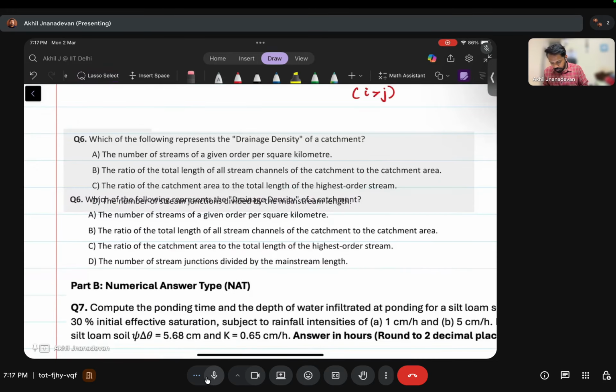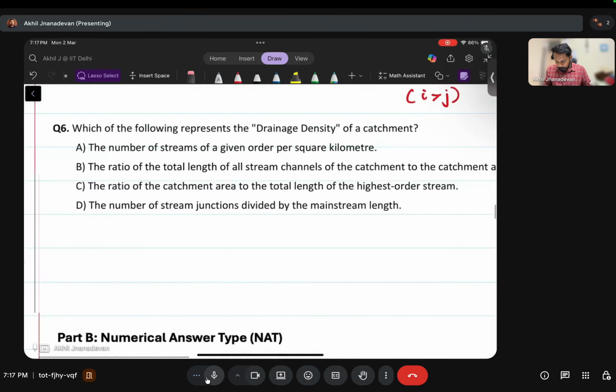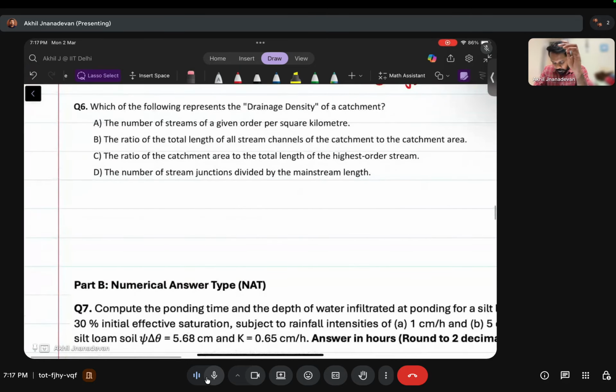Which of the following represent drainage density of the catchment? So there are two things. One is the stream density and another is the drainage density. So you just need to understand what is the difference between both. So two things.